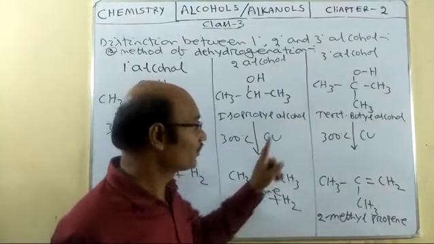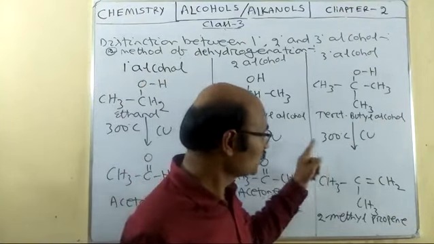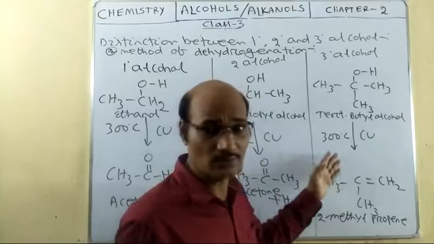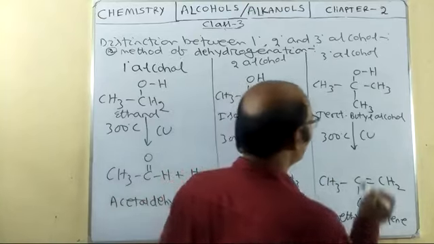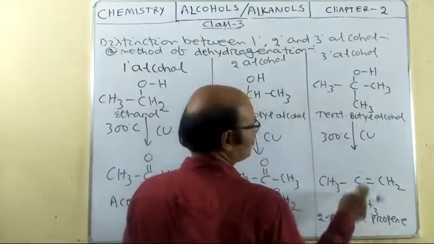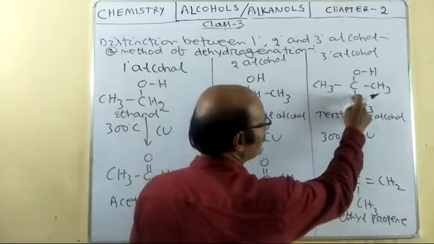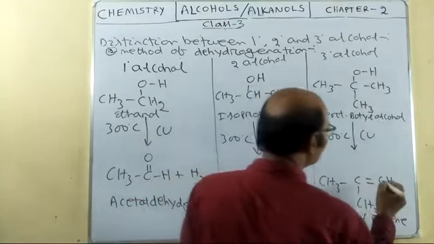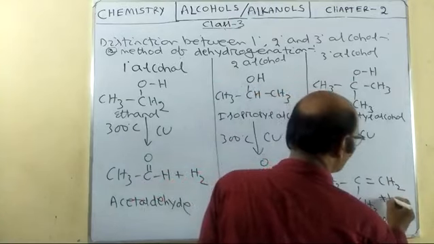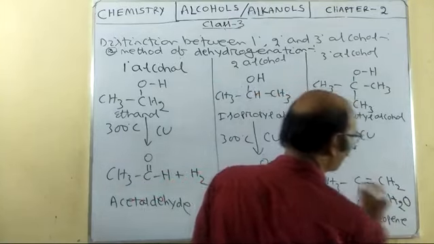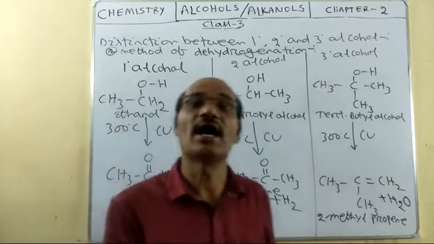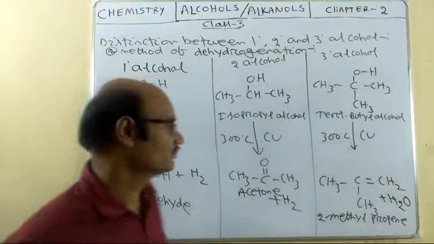The aldehyde. Secondary alcohol on dehydrogenation gives the ketone. But here you see there is no dehydrogenation. Here we get (CH3)2C=CH2 plus H2O. Here dehydration takes place.